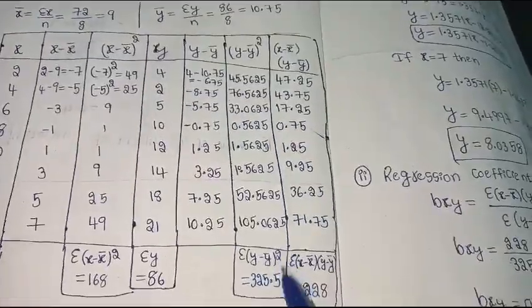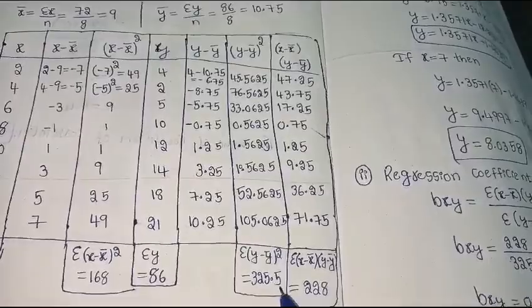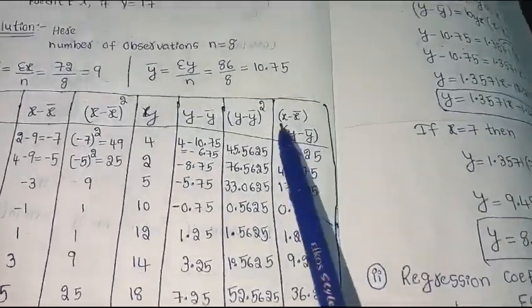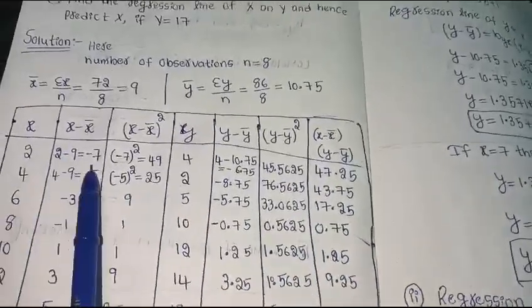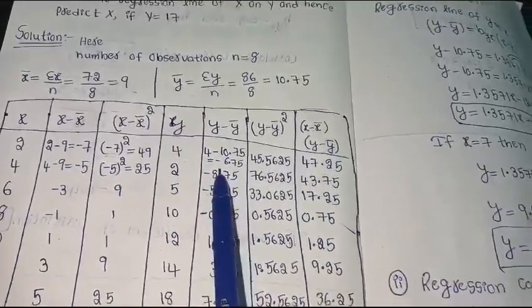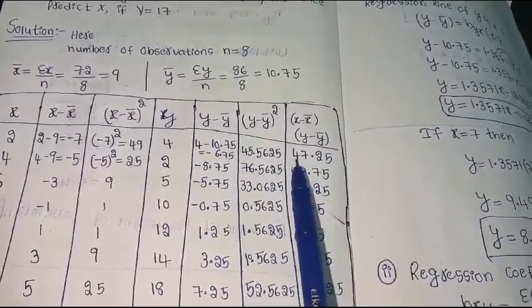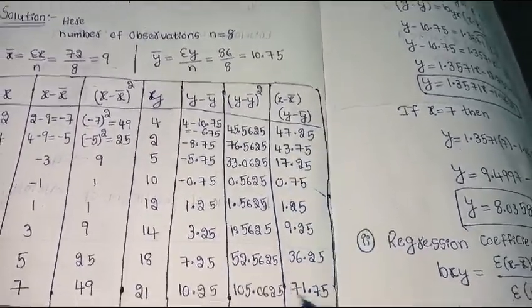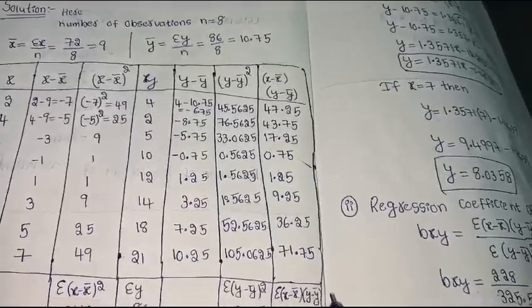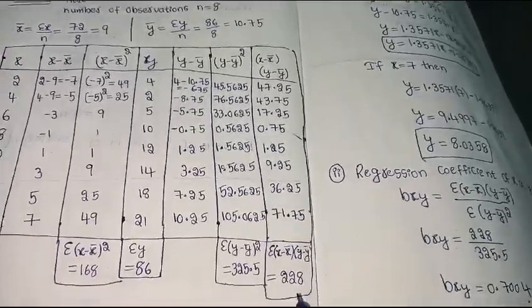Y minus y bar whole square is 325.5. Next we multiply x minus x bar into y minus y bar, which is minus 7 into minus 6.75, which is 47.25. We calculate every element. Then the summation of x minus x bar into y minus y bar is 228.